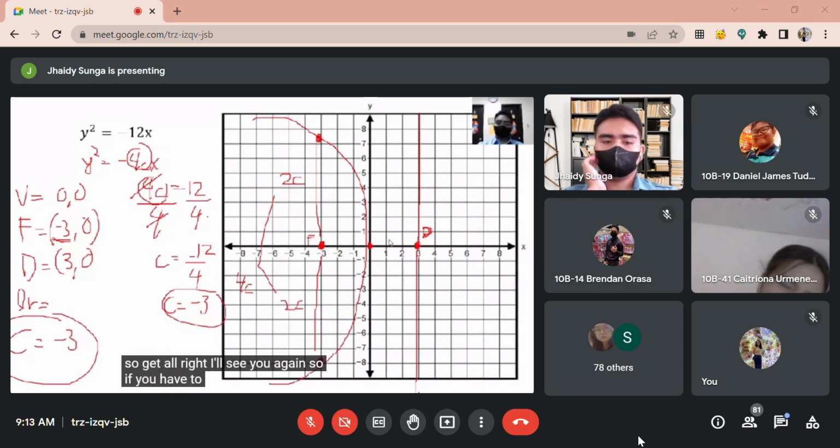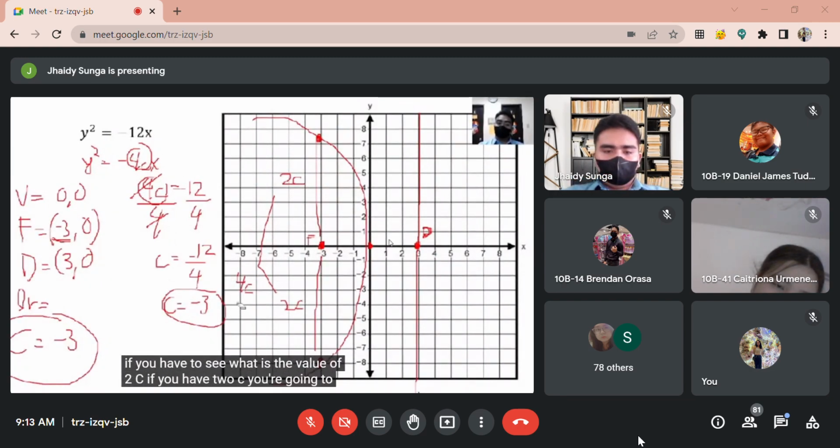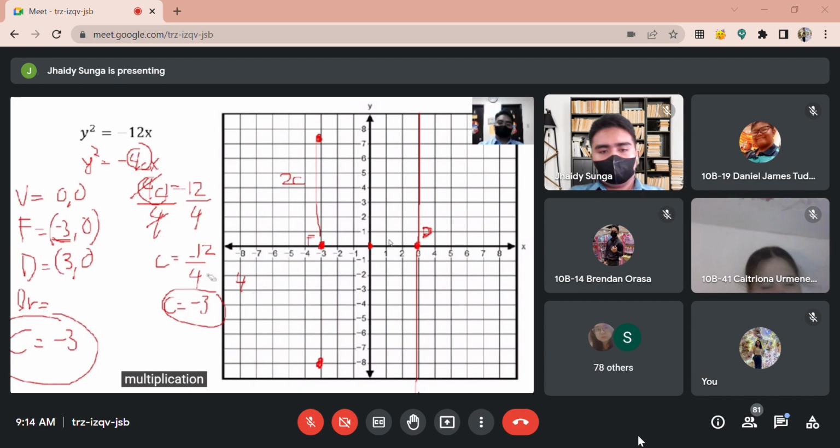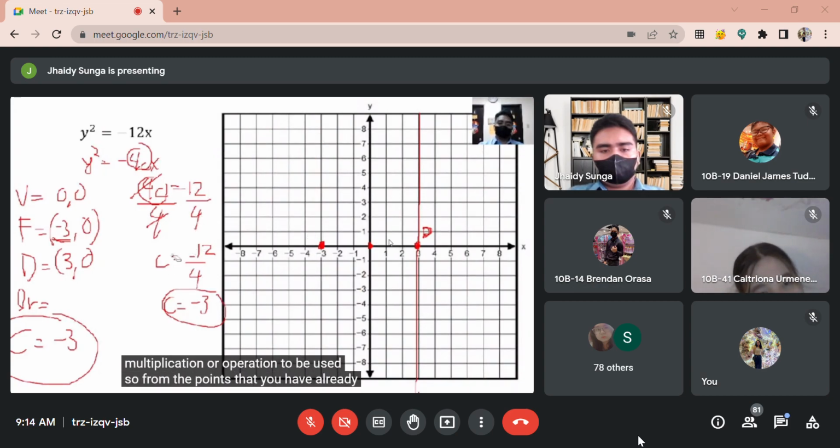So if you have 2c, what is the value of 2c? You're going to add just the distance, the multiplication or operation. So from one point, you have already c, and then you have the c.